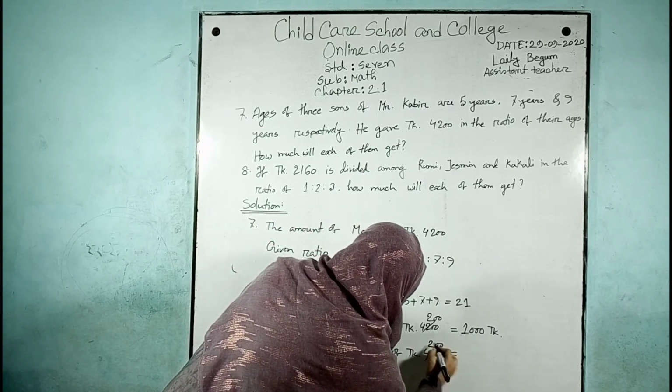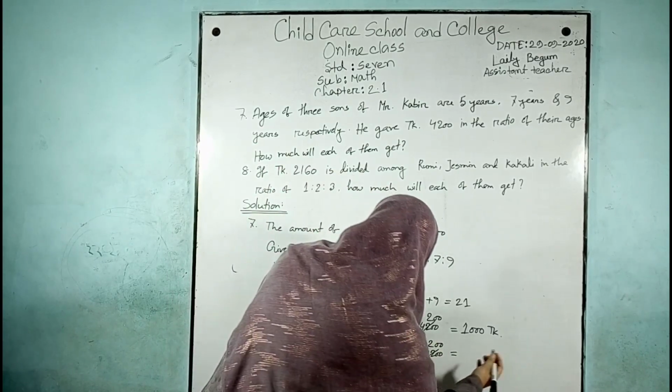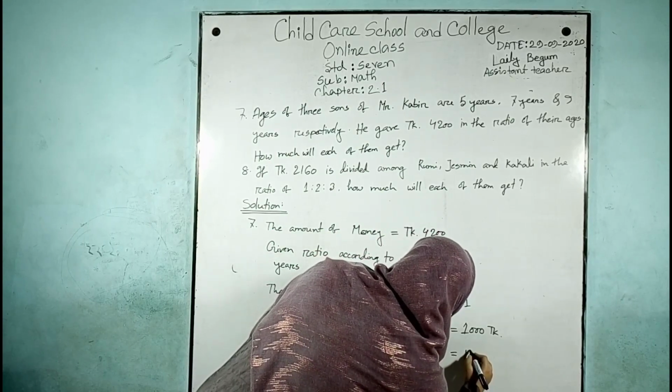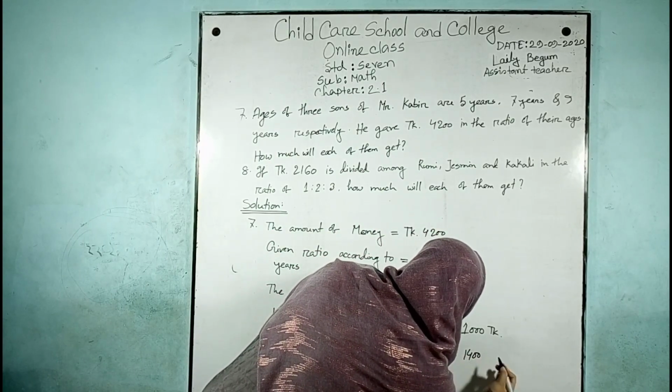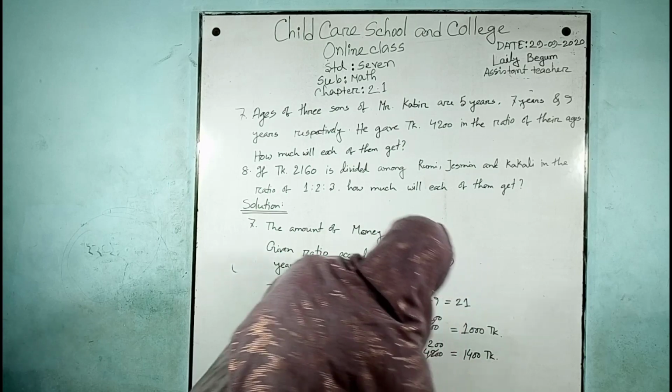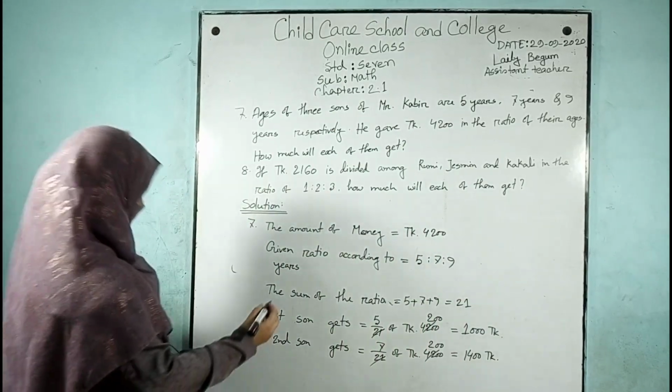That is 200 multiplied by 7, which is 1,400 taka.